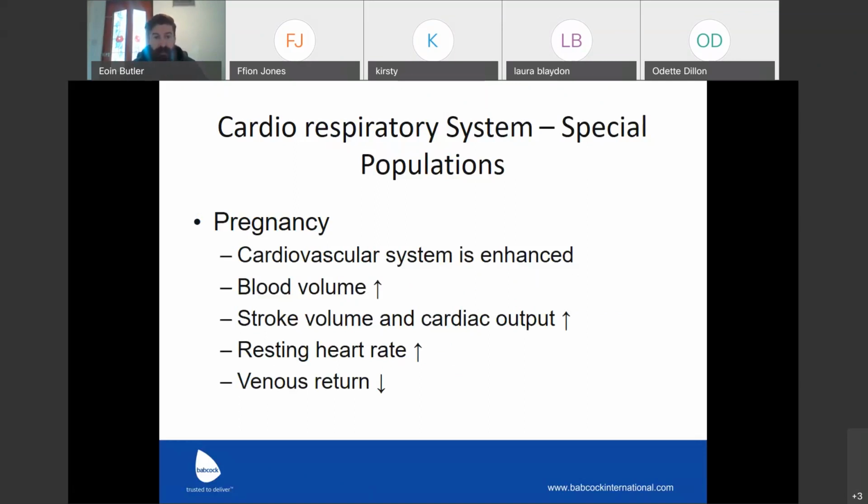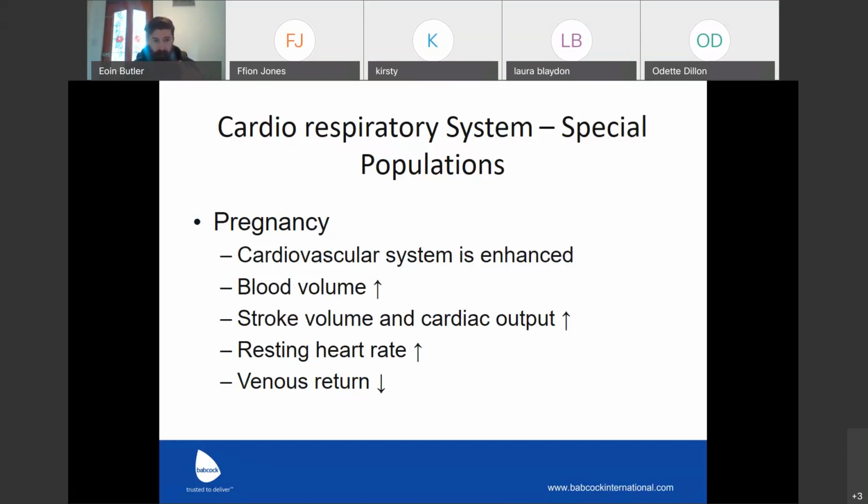Blood volume increases, so we need more blood in the body because it's got to supply to. Stroke volume, the amount of blood pumped per beat. Cardiac output, the amount of blood pumped per minute, both increase. Heart rate will also increase because it has to work harder. And venous return, so blood coming back up to the heart, will decrease. So blood pooling can occur.